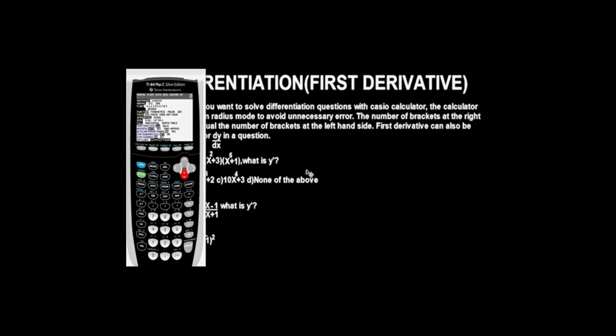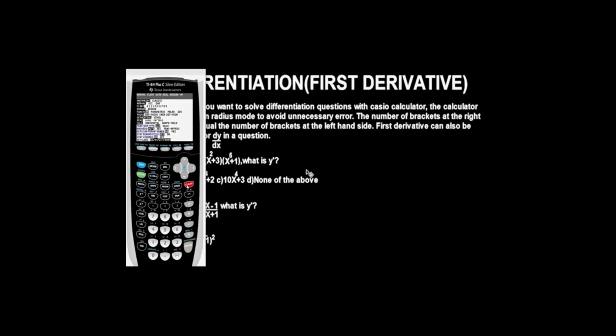For instance, if I click this right arrow key, it will go to degree. So if yours is in degree, just press the left arrow key to go to radian, then press enter and it will switch to radian. By default, mine is reading radian, so it's as simple as that, guys.